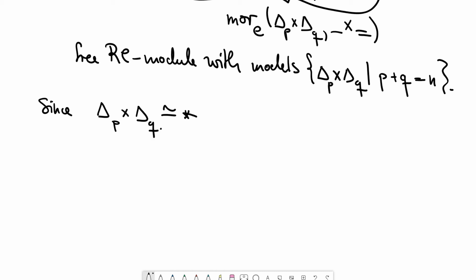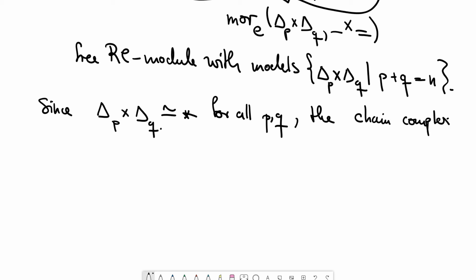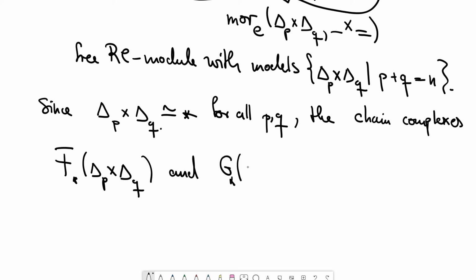It's always contractible to a point for all P and Q. So these singular chain complexes, if you plug in these models now, have vanishing homology in positive degrees.